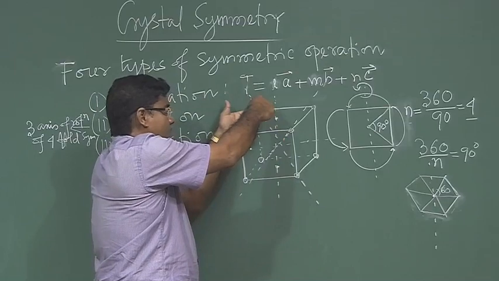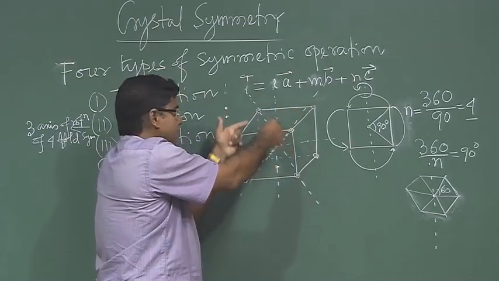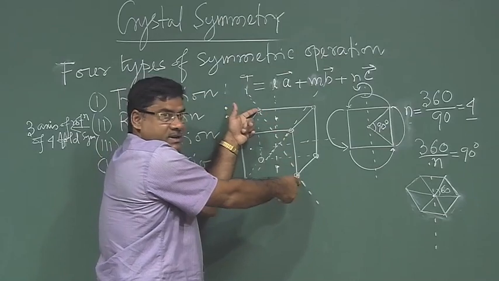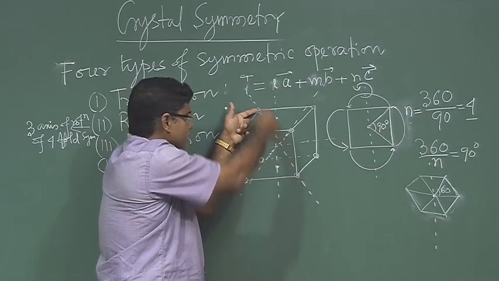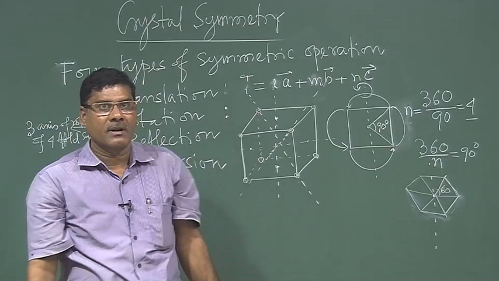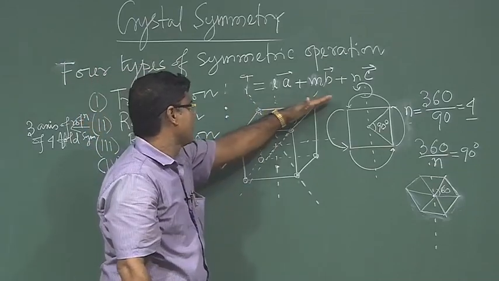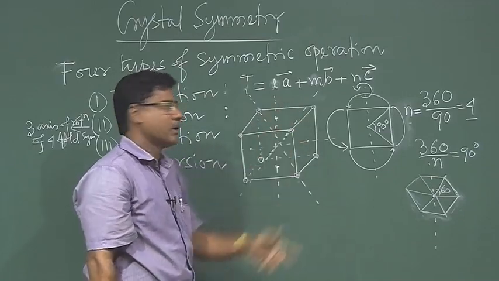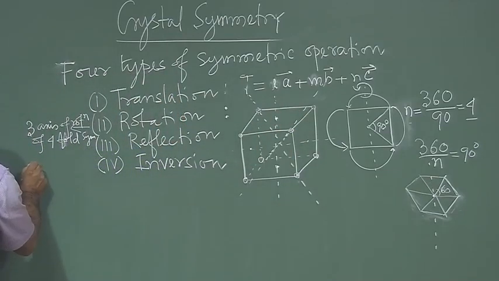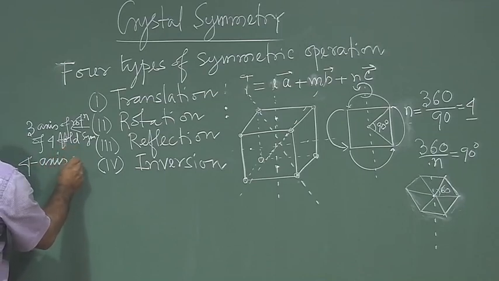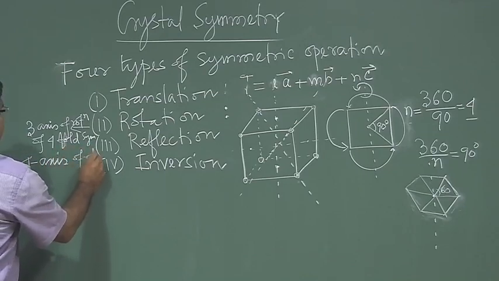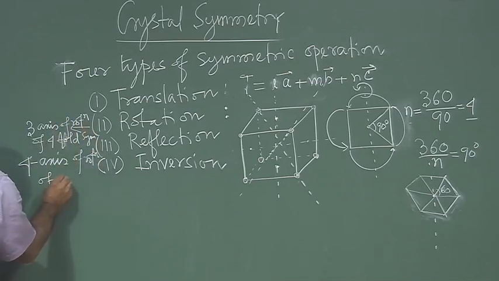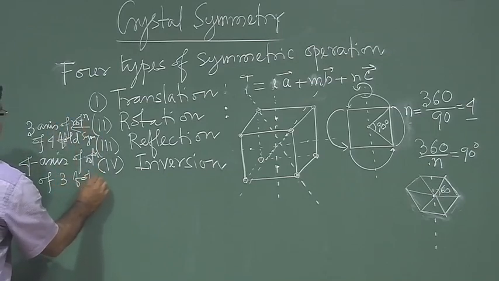So, starting from 4, if you connect this diagonally opposite lattice point, it will be a body diagonal, and you will have 4 from these 4 points. So, you will have basically 4 axes of rotation of 3-fold symmetry, right.